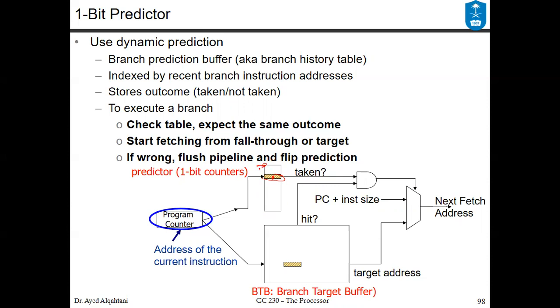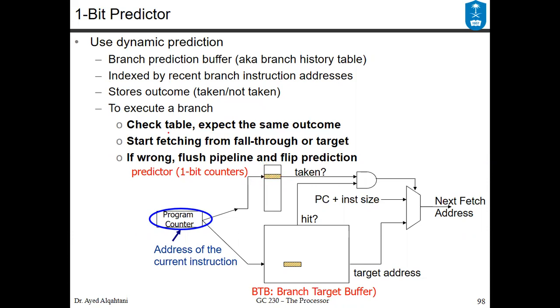This location is for one branch, this is for another branch, and this is for our branch. It's indexed by the recent branch instruction addresses and stores the outcome, whether taken or not taken. So basically the 1-bit predictor: if previously the branch was taken, then the next prediction is taken. If it was previously not taken, then the next prediction is not taken.